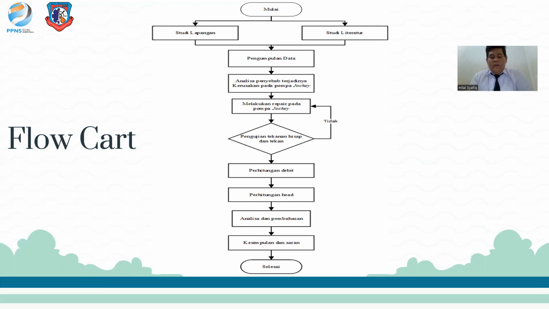After repairing the pump, we need to know about the pump performance, so we must test the pump. After the pump is in good performance, the next step is calculating the debit and head loss. The next step is analysis and discussion of the calculation results. And the last step is making a conclusion and suggestion for this research.